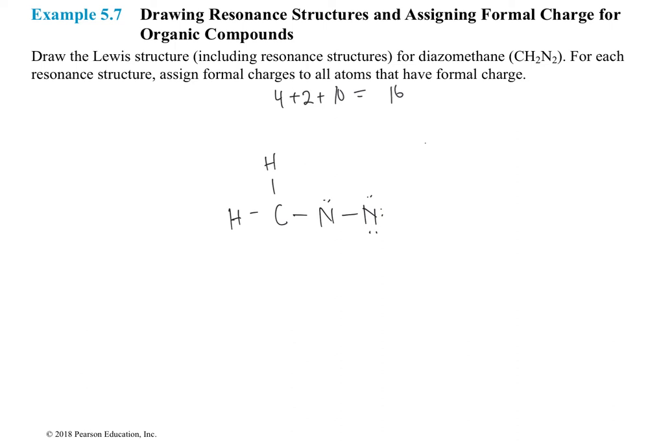So there are a couple of different resonance structures for this one. Carbon definitely needs some valence electrons, so I'm going to share that electron pair there. Now nitrogen is missing one, so I'm going to share one there.